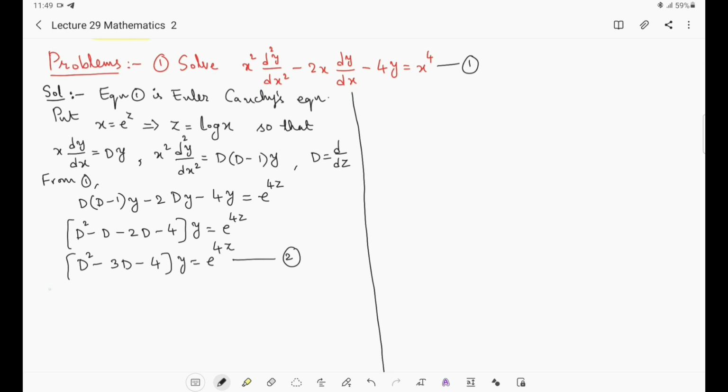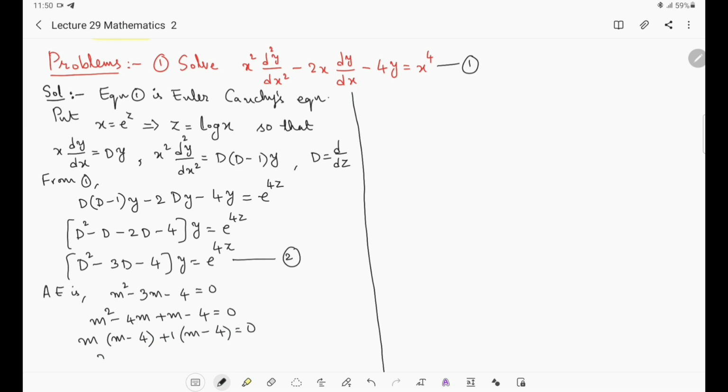For finding the complementary function, write the auxiliary equation. So the auxiliary equation is m square minus 3m minus 4 equal to 0. Now solve this. Factorize: m square minus 4m plus m minus 4 equal to 0. Now take m common here, m minus 4 will remain, plus 1 common here, m minus 4 will remain.